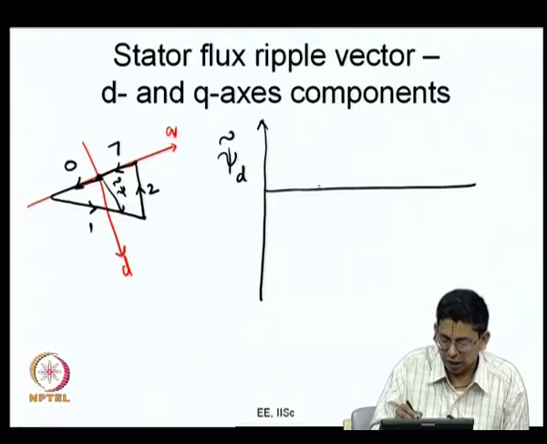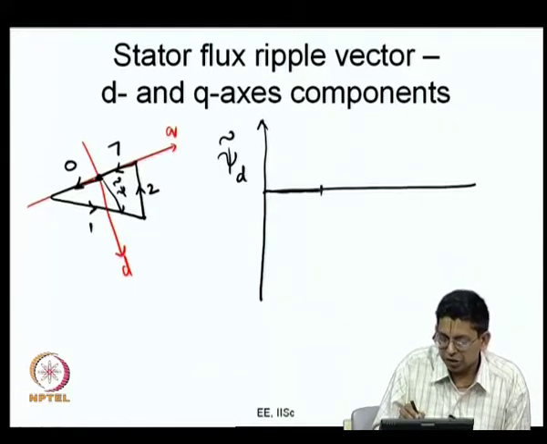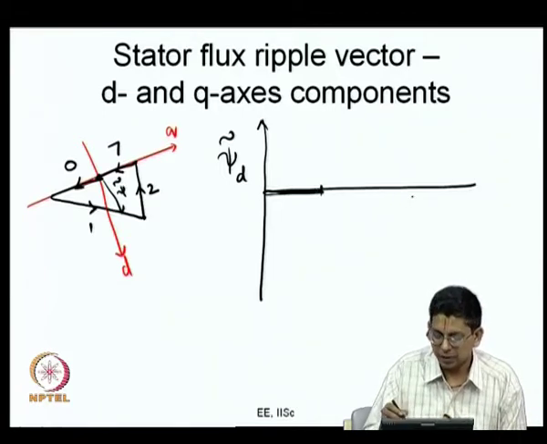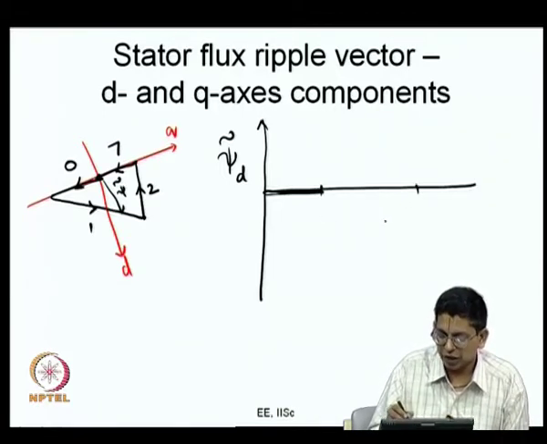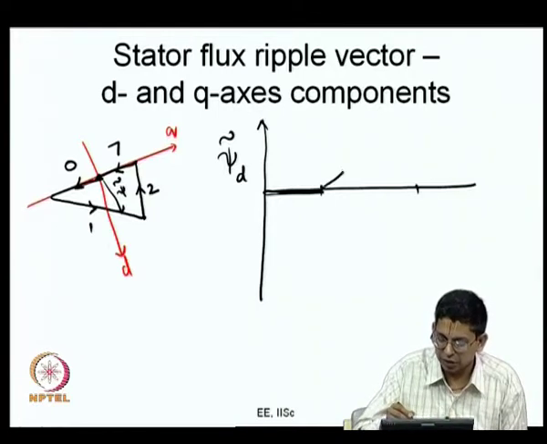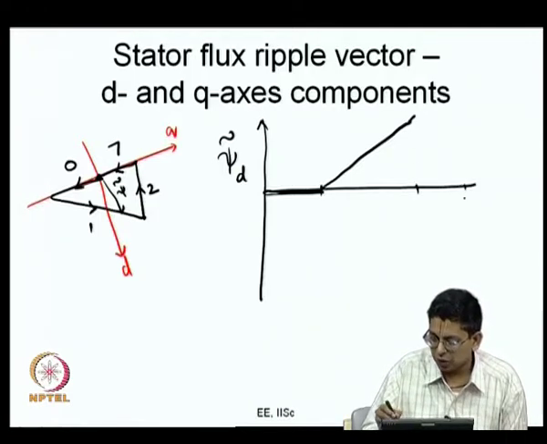So, the initial time when the 0 state 0 is getting applied, there is no change in the d axis ripple. Then subsequently, for certain duration of time, when active state 1 is applied, the d axis ripple changes linearly and reaches some value like this, and subsequently when active state 2 is applied, it falls like this and then it is 0 here.